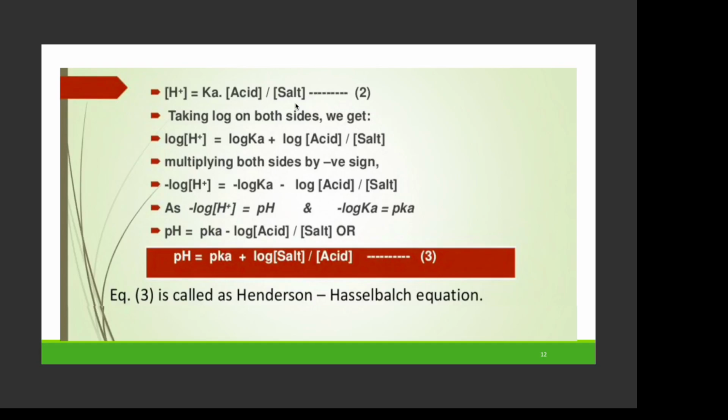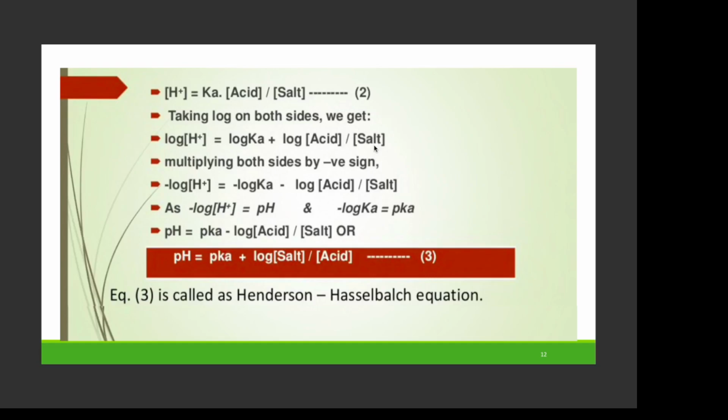Then we will multiply both sides by a negative sign so that we can get the pH, as we know that pH is the negative logarithm of dissociated H plus ions. So minus log H plus will be equal to minus log Ka minus log acid divided by salt.